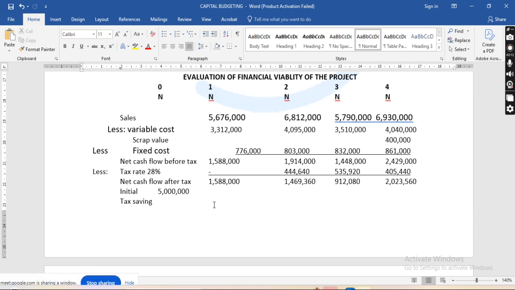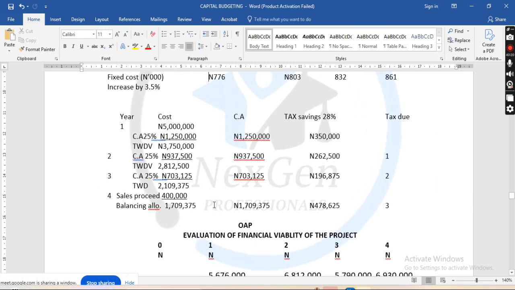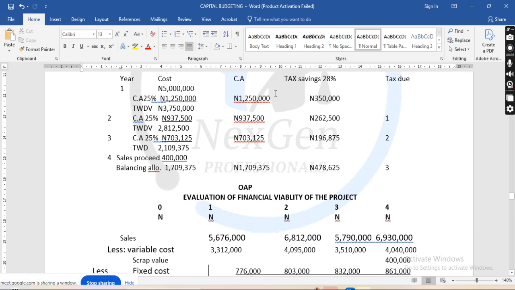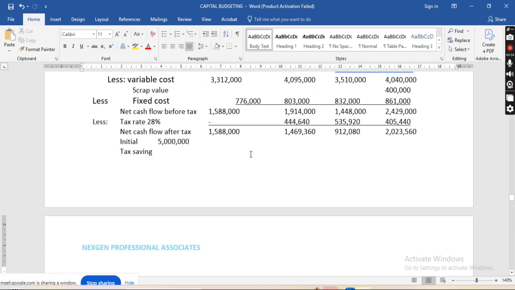Sorry, sir, I thought the tax savings will follow the same principle since the tax is being paid in arrears. Okay, that's fine. So year 1 will be paid in year 2, right? So what do we have here? 350,262,500. Okay. That's fine.